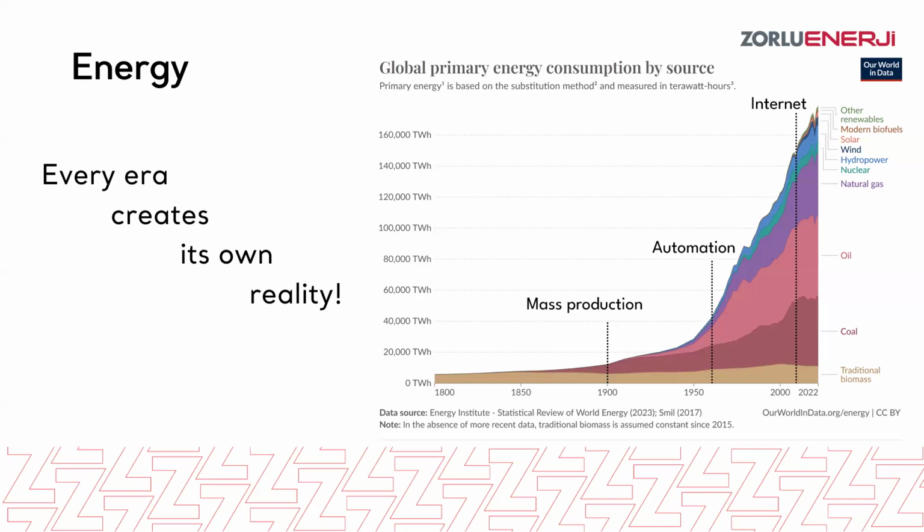So as you can see, with that automation era or the stage that we started, the oil and coal needed some support from the other resources, which gives us natural gas as well.